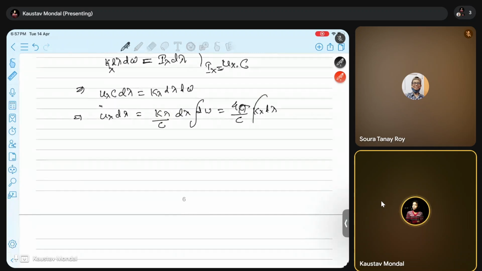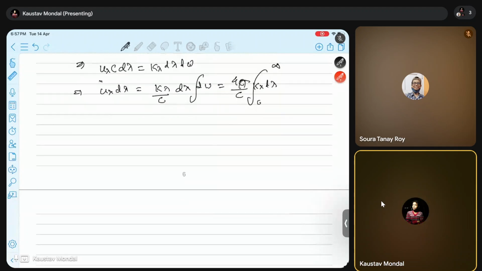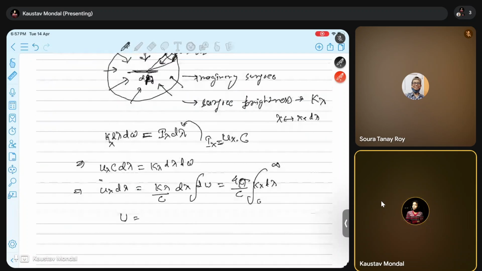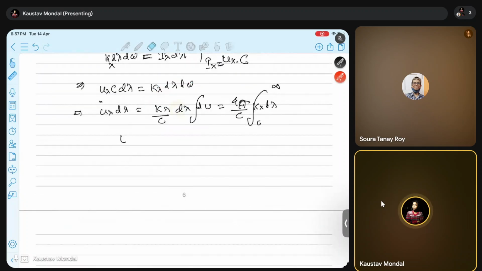Next you have to do the integration over all possible values of lambda, 0 to infinity. If you do the integration over the whole surface, the total energy density u becomes 4 pi by c into K, where K is the surface brightness, for the whole sphere.